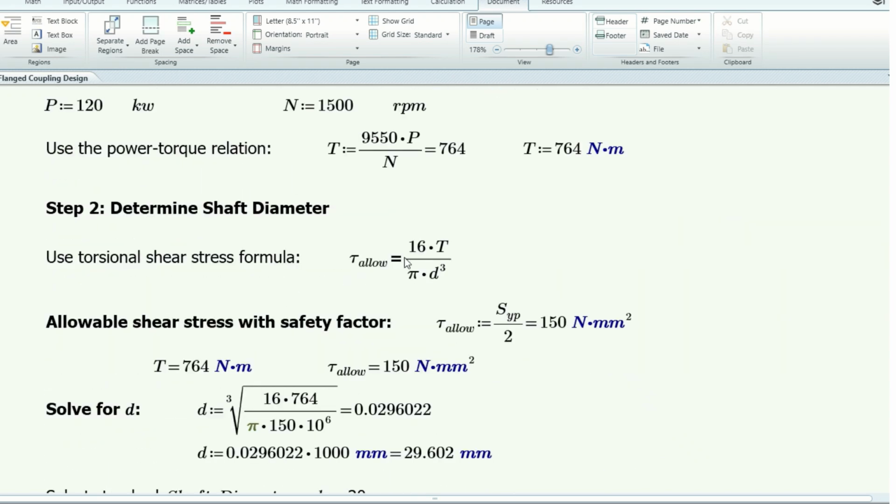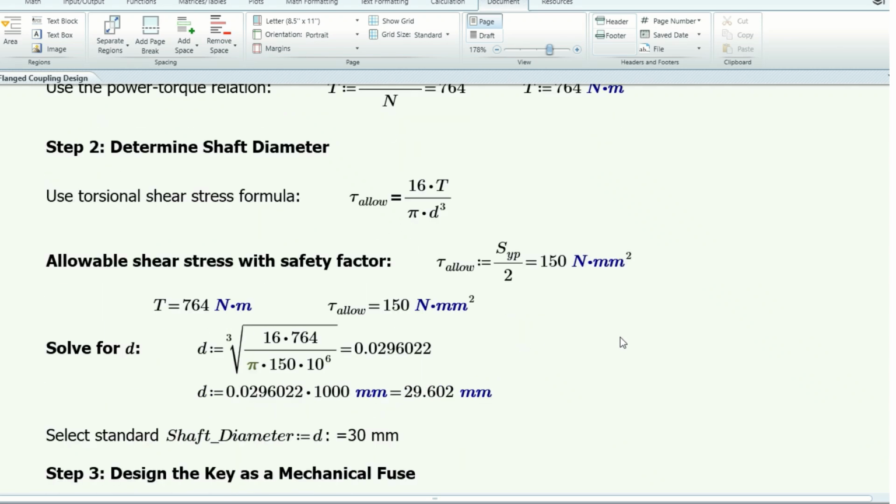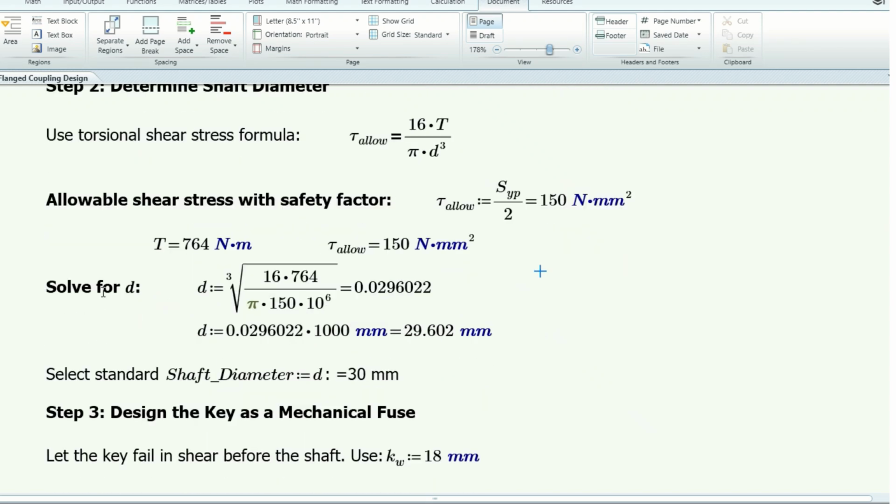The allowable shear stress is 150 Newton per mm squared. Now we have the torque T and allowable shear stress, and solve for D.